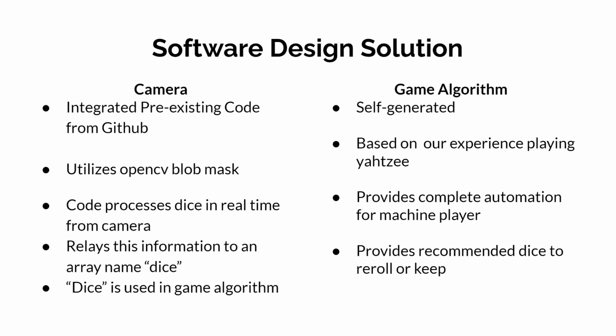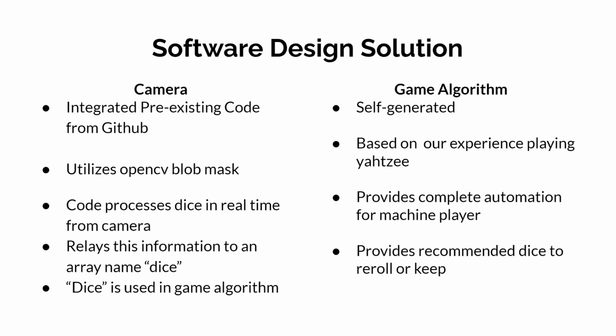That allowed us to extract the dice based on certain circumference in the image. Then we read that into an array called dice, and that dice array was used wherever else in the code we needed.